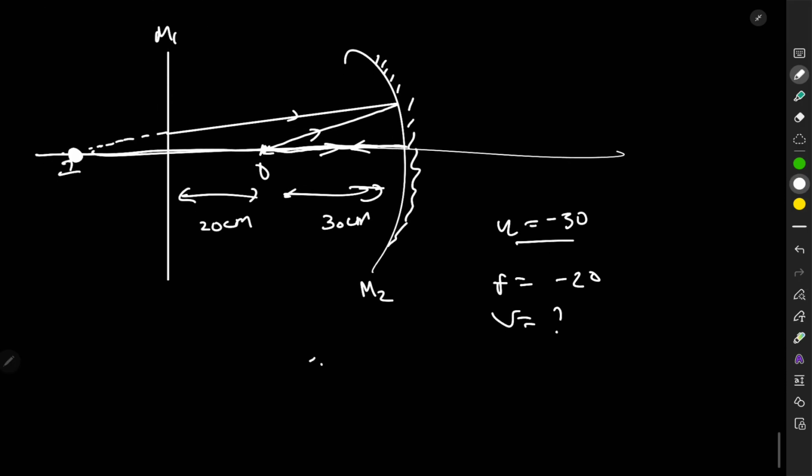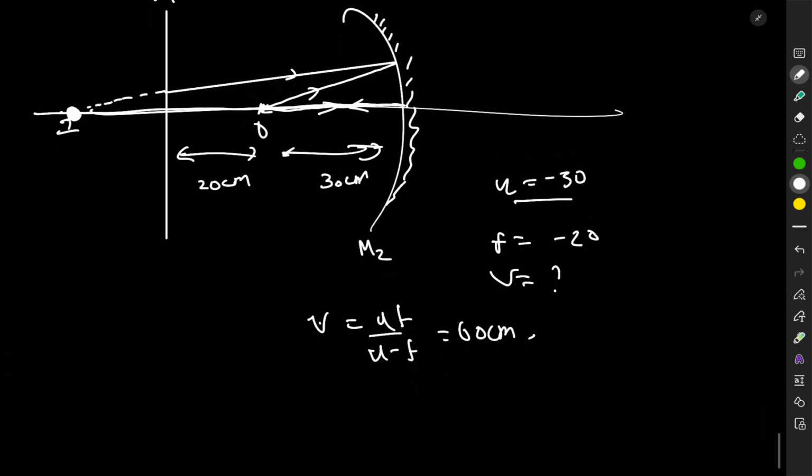We know the formula, v is equal to uf by u minus f, which comes out to be 60 centimeter. And for the second reflection, we know that u is equal to 10 centimeter.